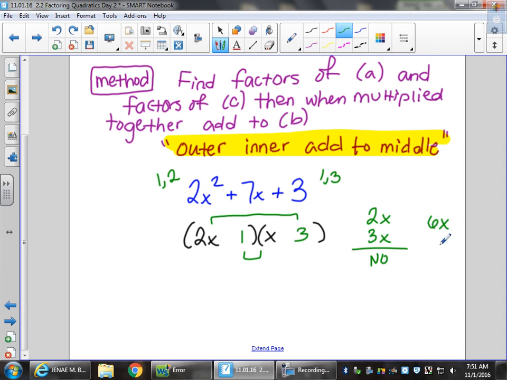Inner? 1x. C is positive, so both have to be positive or both have to be negative. Can I get a 7x from that? Yeah. If both are positive, done. 2x plus 1, x plus 3.